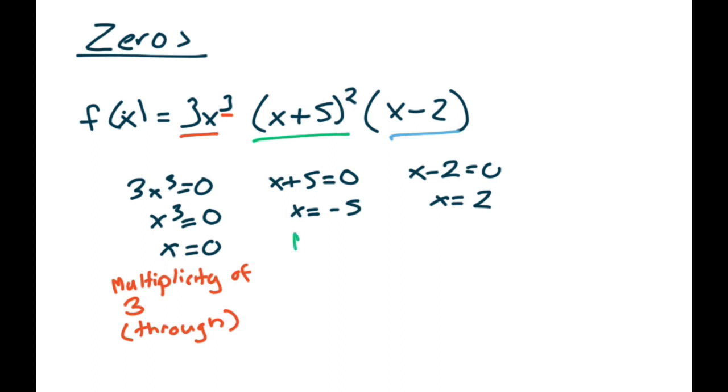At -5, this had a multiplicity of 2 because it was squared, so it's going to bounce off or just touch it. And x minus 2, when there's no exponent written, this is an exponent of 1, so it had a multiplicity of 1, which means it's odd, so it's going to go through that 0.